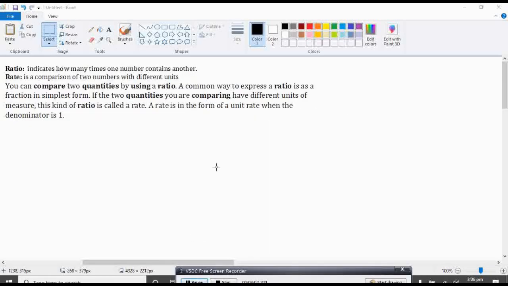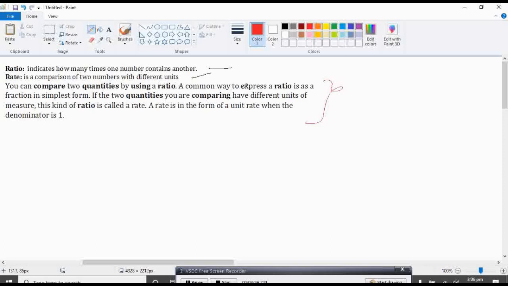For grade 6 lesson, ratio. As I have explained to you, ratio indicates how many times one number contains another. Rate is a comparison of two numbers with different units. Now this time we will discuss how to compare fractions with two quantities. You can compare two quantities by using a ratio.